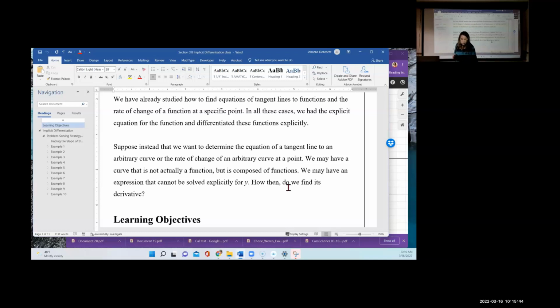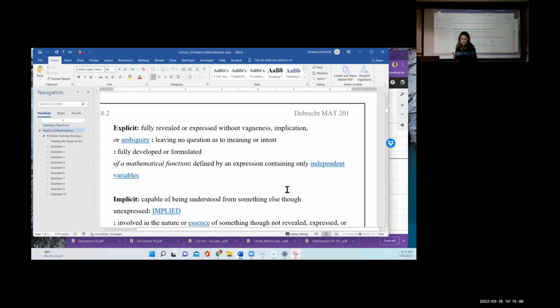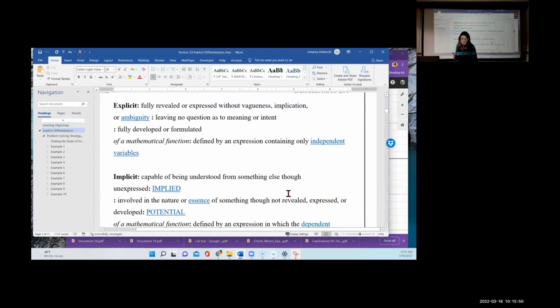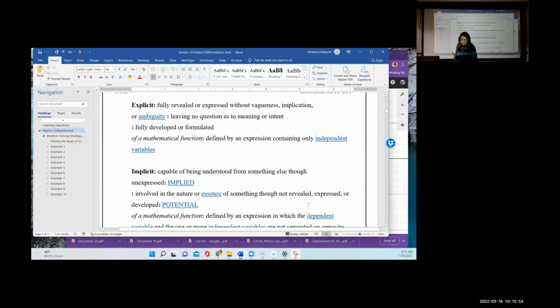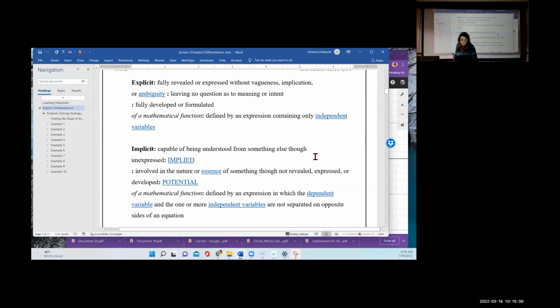So the first thing we want to talk about is, what does it mean to have an explicit equation and an implicit equation? So I'm going to put the two definitions up here together. I don't know if I can get them on here at the same time, but I'll give it a shot. There we go. This comes out of the Merriam-Webster dictionary.